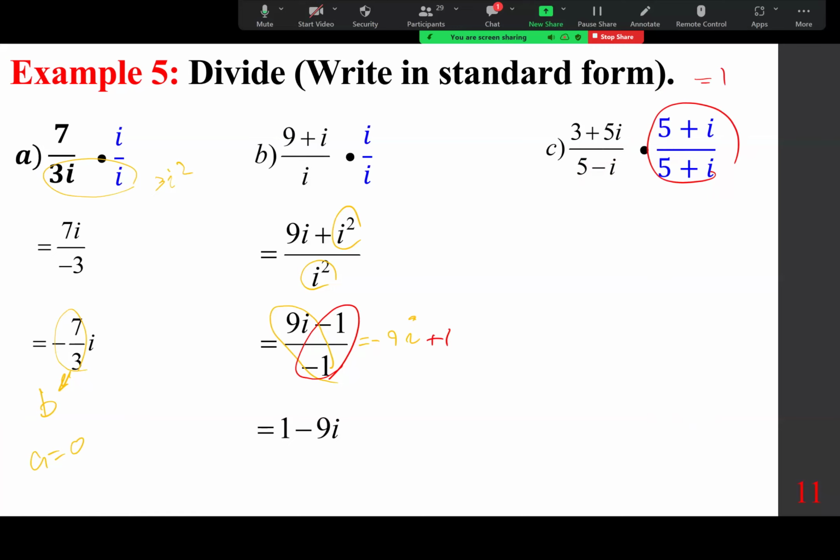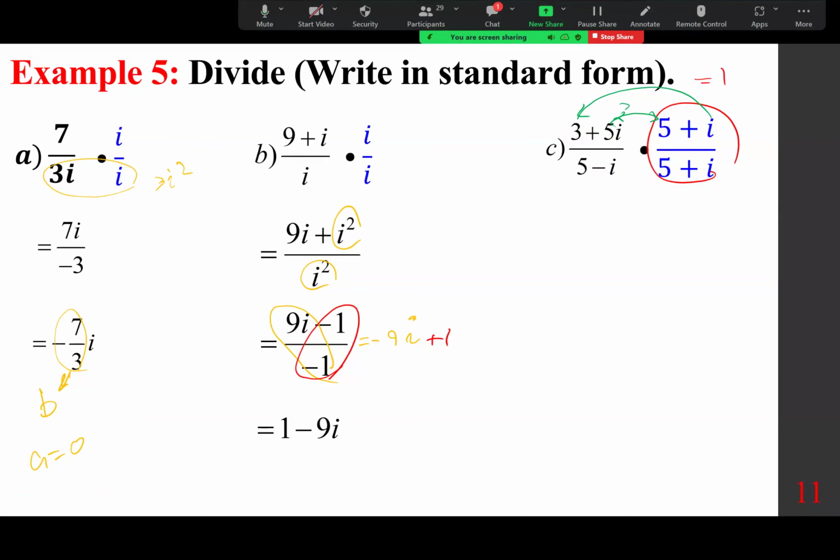So for the numerator we do FOILing, and the bottom is just 5 squared plus 1 squared. So this one, 3 times 5, 15. Then 3i and 25i. We can do this in one shot: the product of these two and the product of these two.